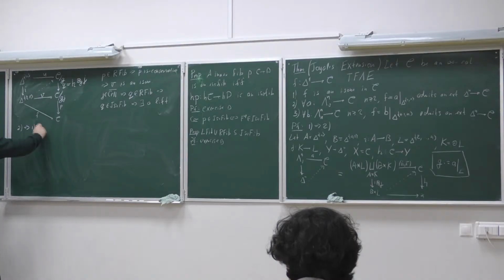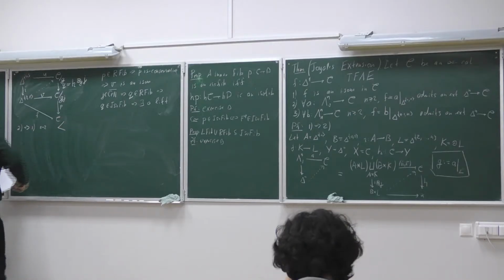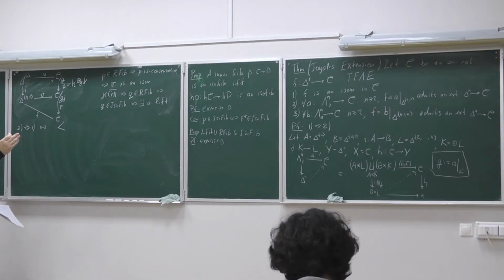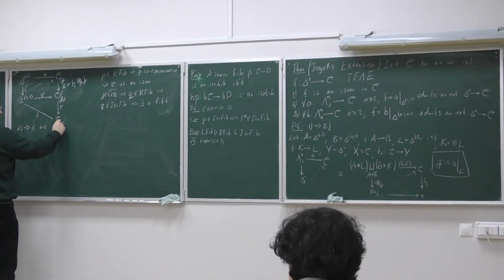So we have solutions for all these lifting problems, right? For example, we have this solution when n is equal to 2. So then we will consider the horn. So n is equal to 2, and the missing face is opposite to the 0. So I can consider a horn like this.